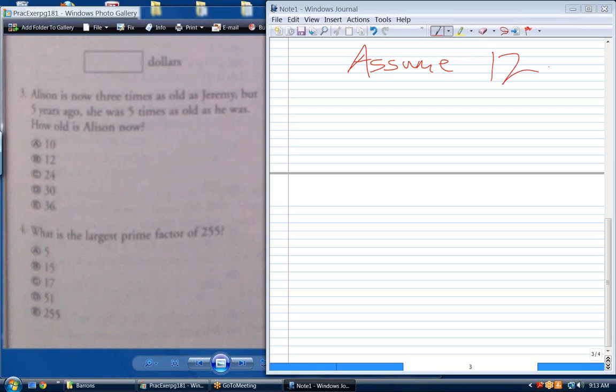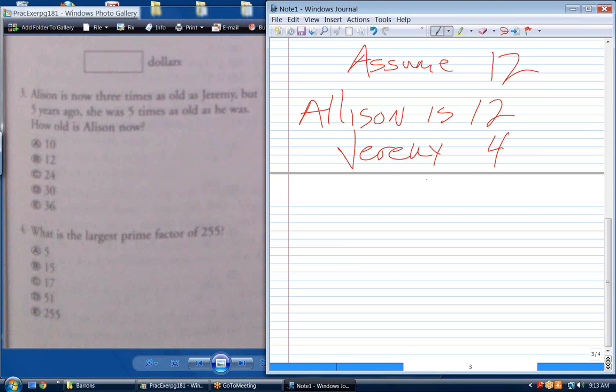So assume 12. Allison is now 3 times as old as Jeremy, so that would make Jeremy 4. But then 5 years ago she would have been 7. So that won't work.